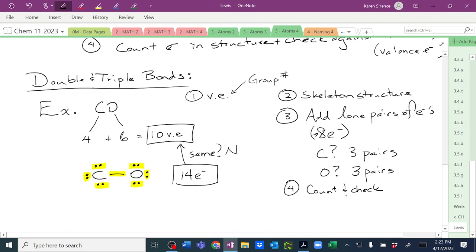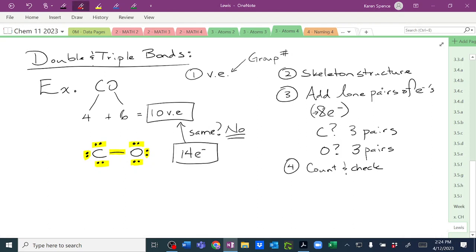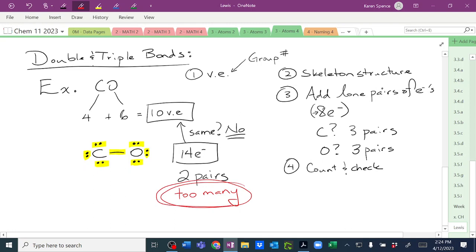No, obviously 14 and 10 are not the same. And we're going to talk in terms of pairs of electrons. How many pairs too many do we have? We have 2 pairs too many. And when we have too many electrons, we go to step 5.